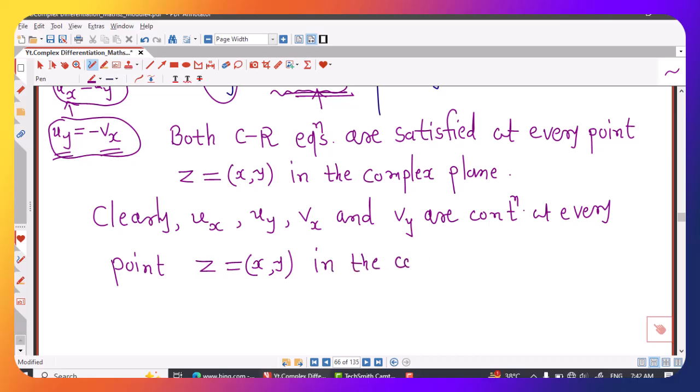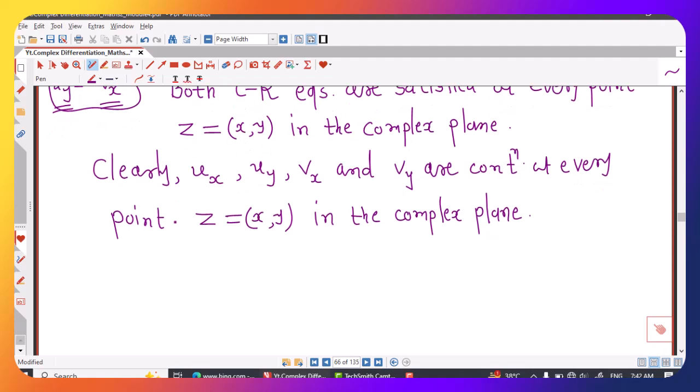So we should write systematically all these things so that we can get full marks. So here we have seen that both conditions for differentiability are satisfied, therefore we can say that f of z is differentiable at every point, or differentiable everywhere.